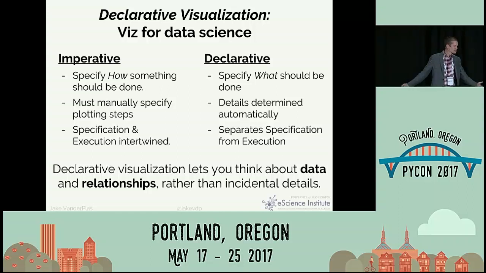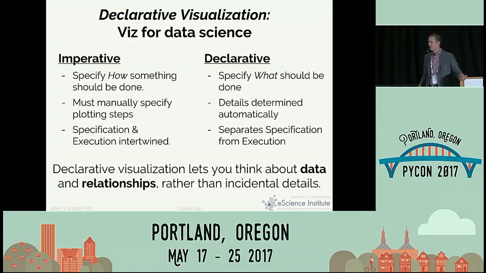So what's the difference between declarative and imperative? Well, imperative visualization, think Matplotlib, right? You can say in one sentence what you want the plot to be, and then you write 50 lines of code to make it happen, right? Declarative visualization is trying to make the code as close to that one sentence description as possible.